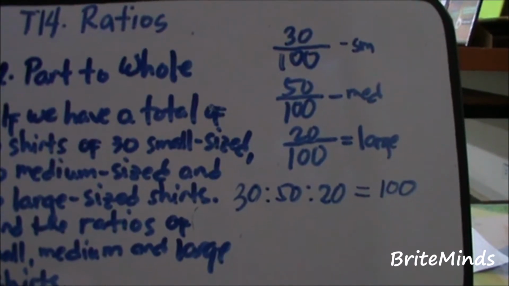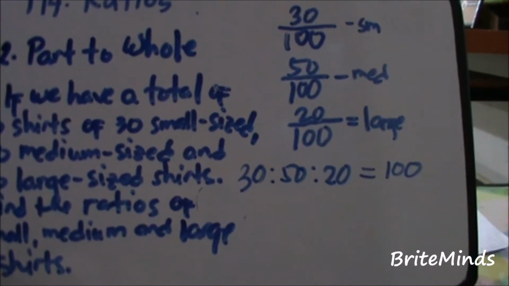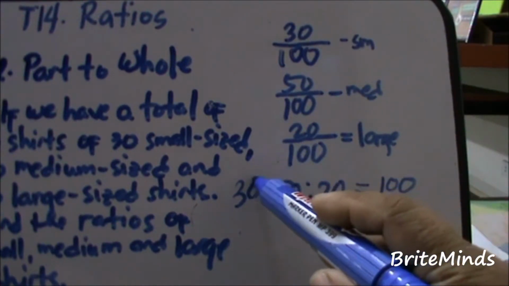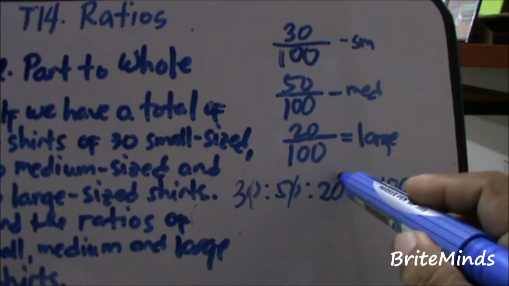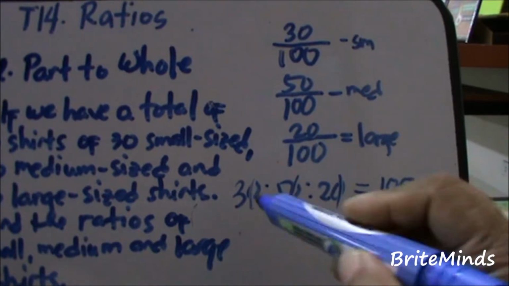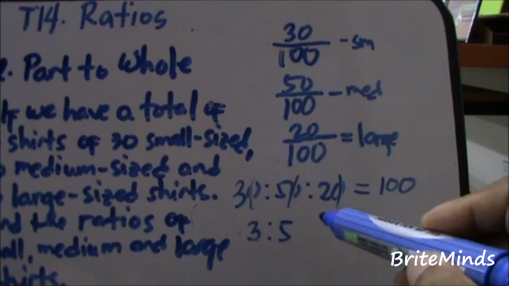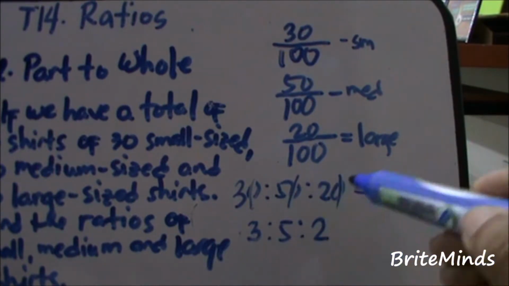Then we need also to simplify our ratios. So we cancel the zeros, and we have 3 is to 5 is to 2.